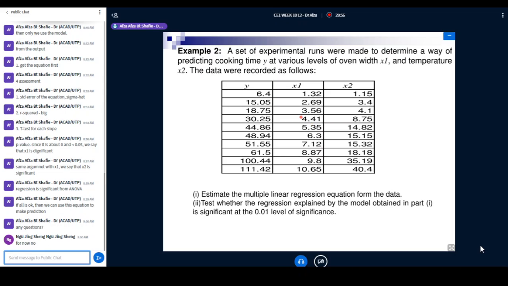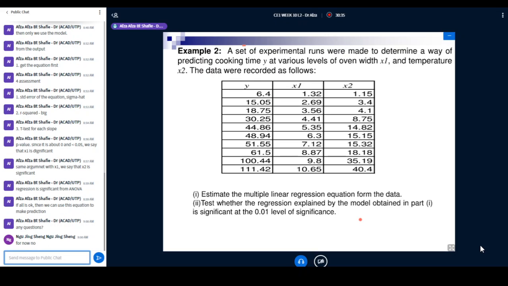Let's just look at this example. A set of experimental data were made to determine the way of predicting the cooking time at various levels of oven width X1 and the temperature X2. This is the data that is recorded. You're asked to estimate the multiple linear regression equation from the data and to test whether the regression explained by the model in part 1 is significant at the 0.01 level of significance.